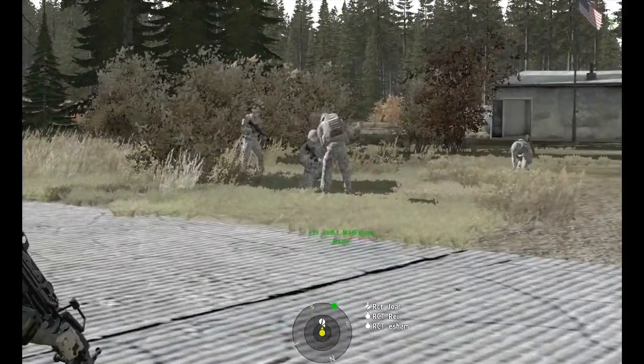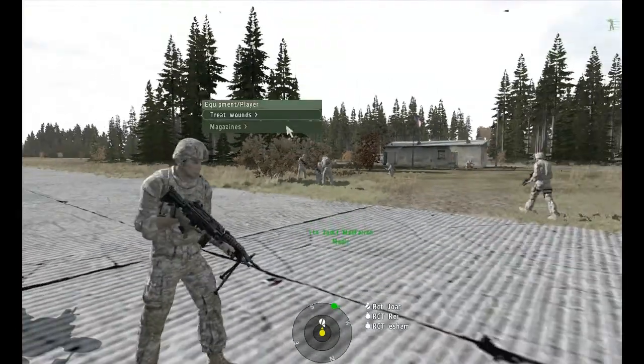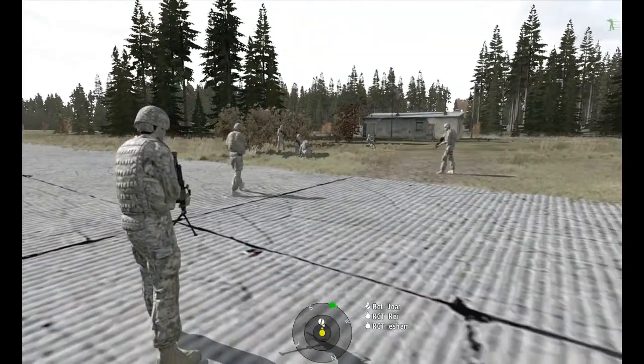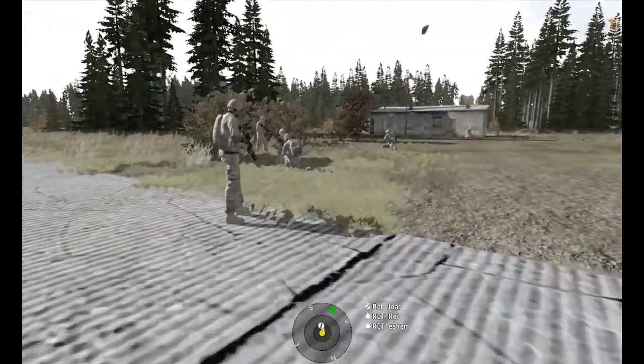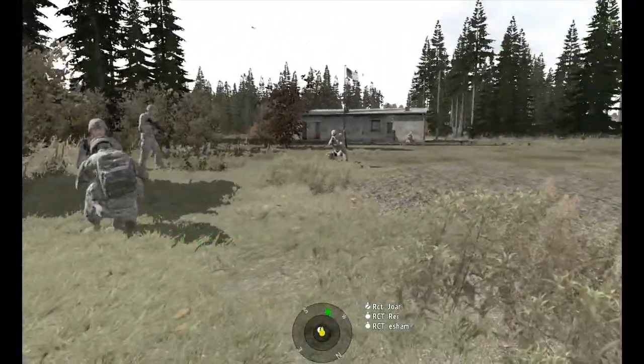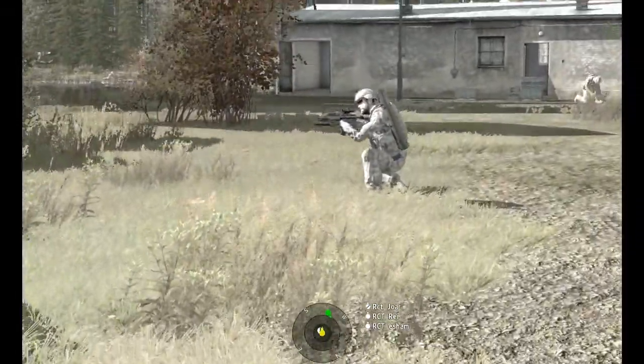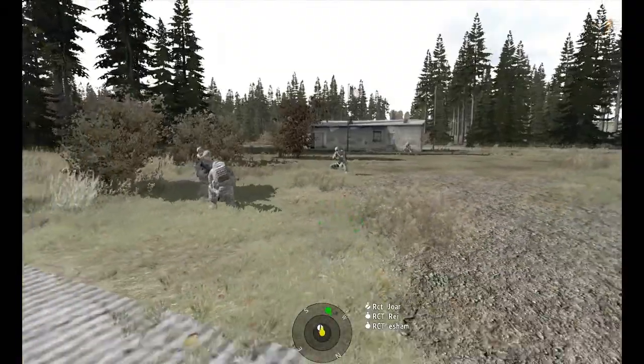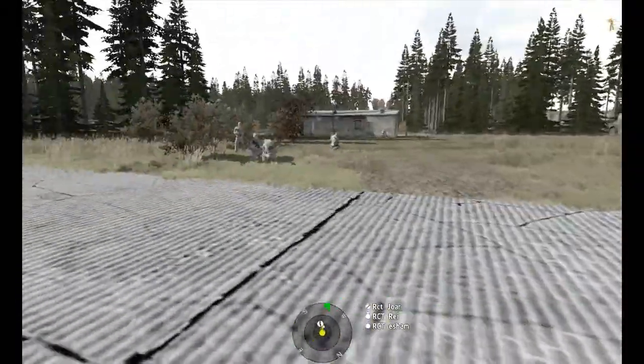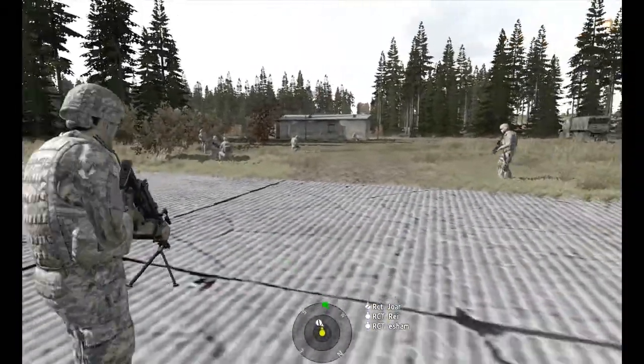I've got med supplies as well. Everyone hold still. If you do not have meds, crouch. If you need meds, crouch. If you don't need meds, just keep standing. Is everybody okay? Alright, when you guys are good, just sit tight.